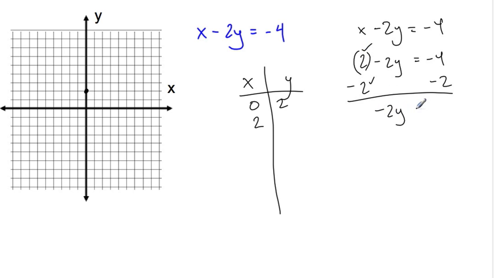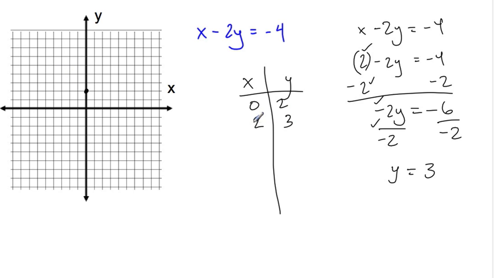Negative 2y equals negative 4 minus 2. If I take away 4, take away 2 more, I've taken away 6. Divide by negative 2, divide by negative 2. Check out, y equals negative 6 over negative 2, positive 3.